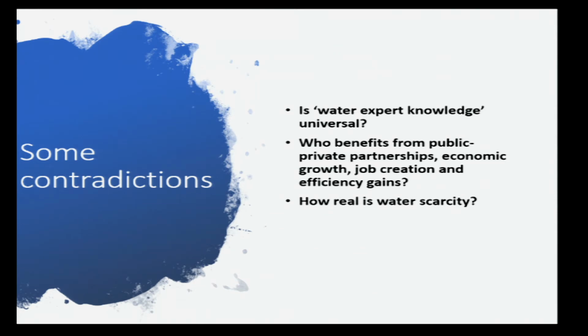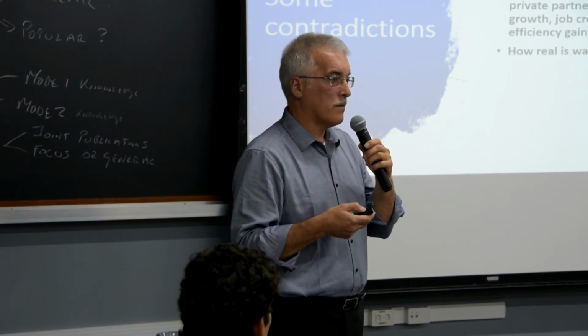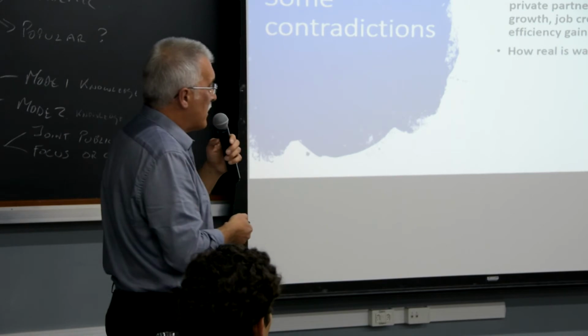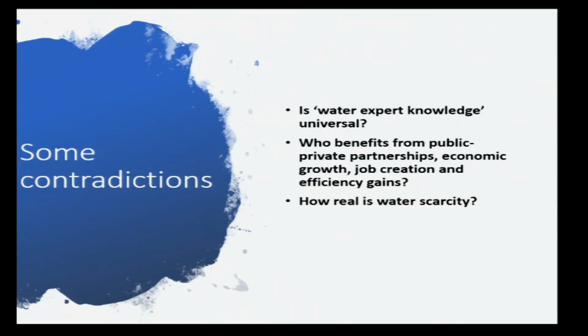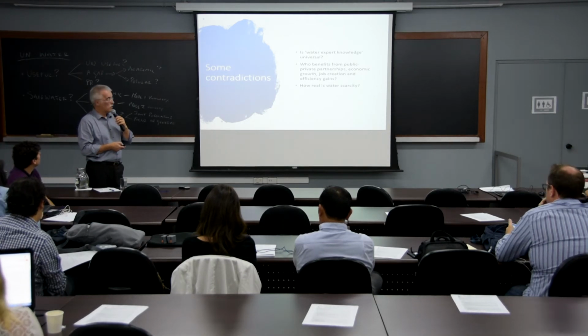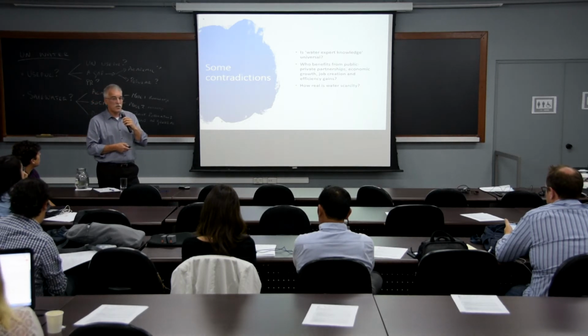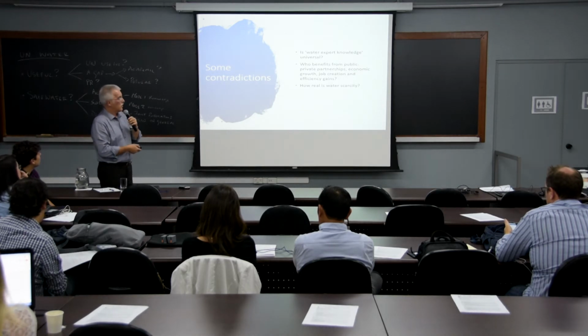Part of their criticism was the local context and whether local people were actually gaining from interventions that were being developed. And lastly, they asked how real is water scarcity, which is an assumption that it's a scarce resource in the world. Some of the presentations over the last couple of years from my colleagues said water isn't scarce, it's just getting access to clean water that is the issue.